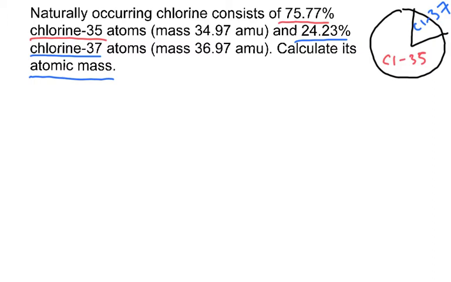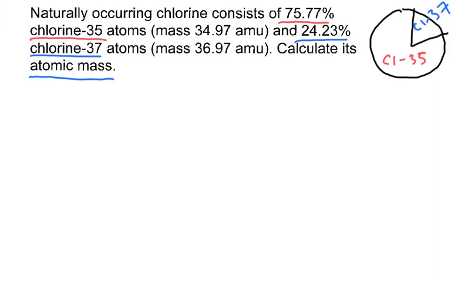And remember that when we calculate a weighted average, we take the percentage, and since percent is times 100, we're going to divide whatever percent we have by 100 so that it's a proportion or a fraction.